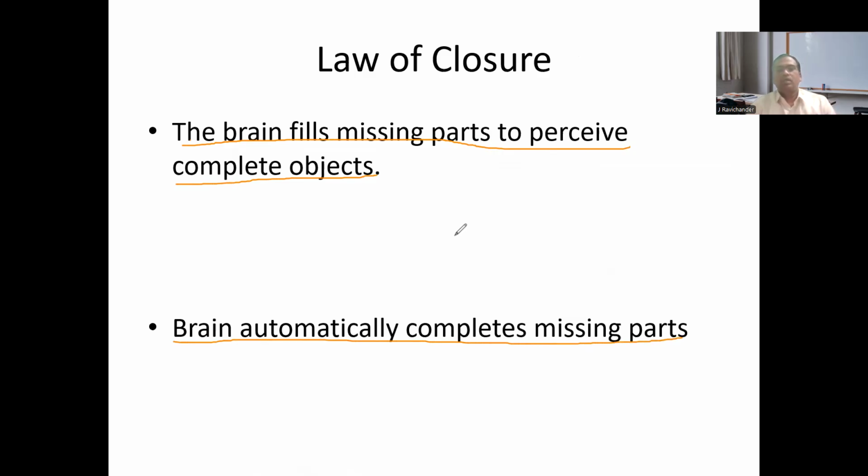For example, we are going through one path. Even though that line is not filled, our brain will take it as a complete path. In some images also, even if some part of the image is missing, our brain will fill it with our previous experience.